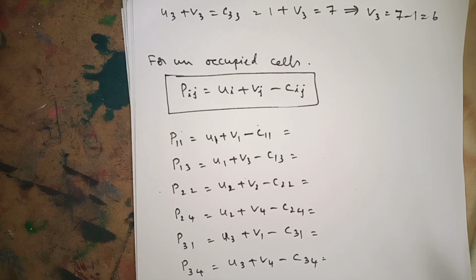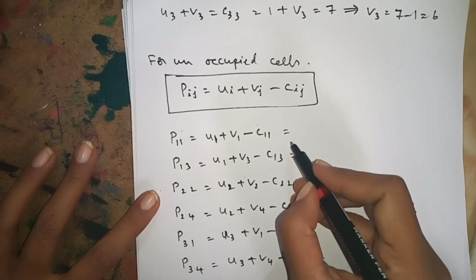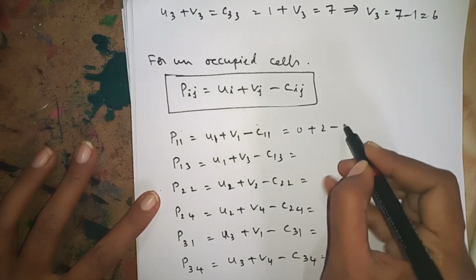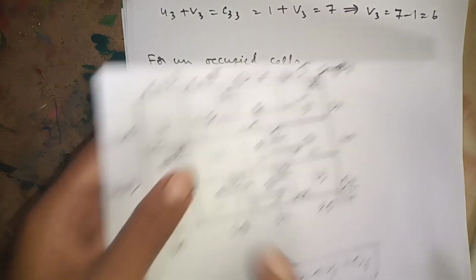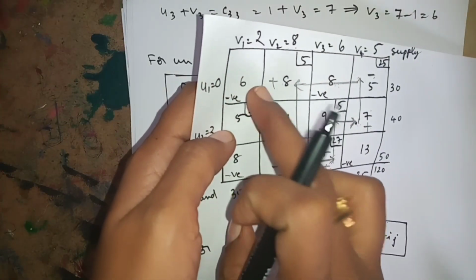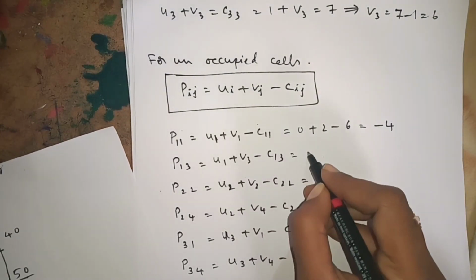We will substitute all the values. U1 is how much? U1 is zero, plus 2 minus 6, C11. What is C11? C11 is the cost matrix element 6, which is equal to minus 4.